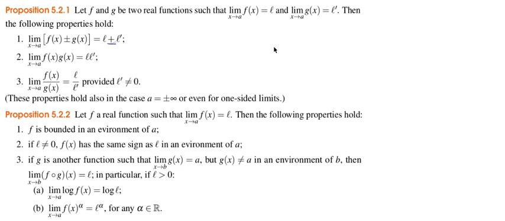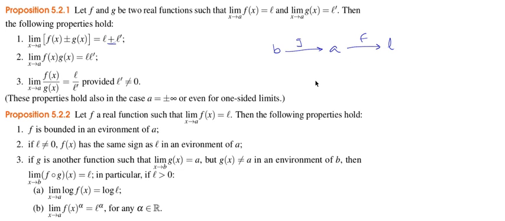The function g takes b to a, and then around a is mapped by f to L. This is if b and a are in the domains of g and f, but this doesn't have to be necessarily the case.